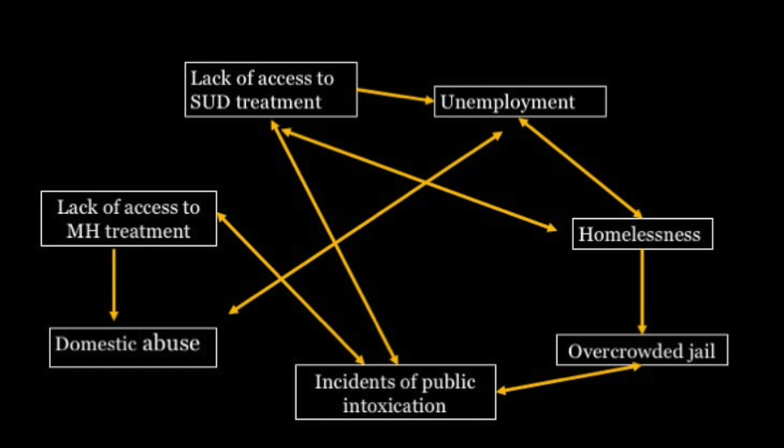Also, you may say that the lack of access to SUD treatment is the cause of incidents of public intoxication, but the incidents of public intoxication may also be a cause of the lack of treatment, because many of these individuals end up with felonies or misdemeanors, and then they are banned or barred from some treatments.